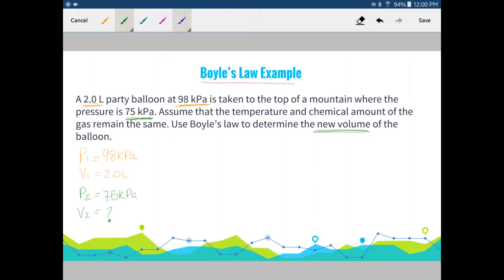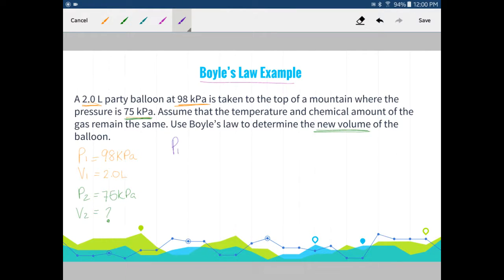If we have our formula, P1 V1 equals P2 V2, I'll have to rearrange this formula to solve for my second volume. Because I'm multiplying P2 times V2 on my side here, I'm going to need to divide by P2 to cancel those out.